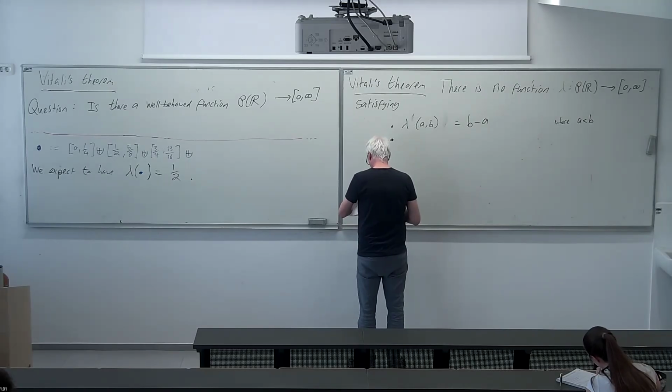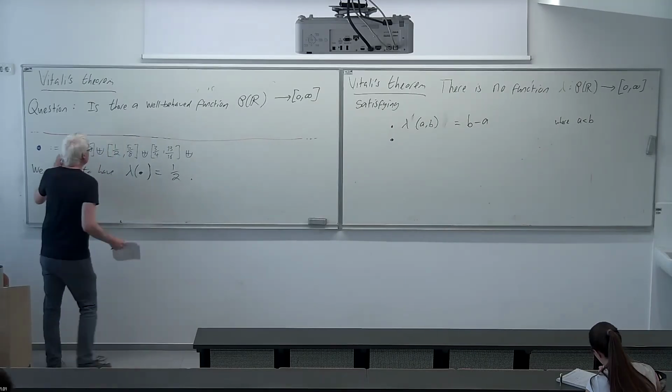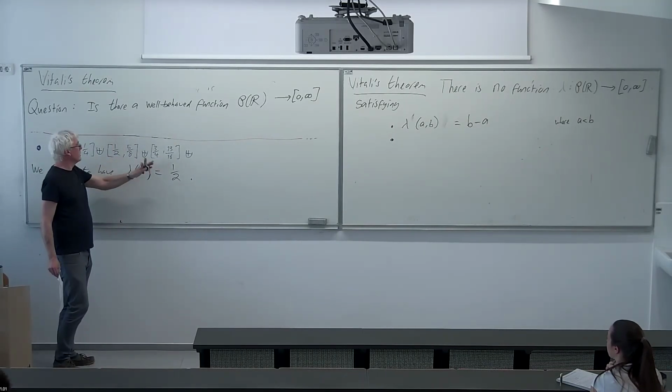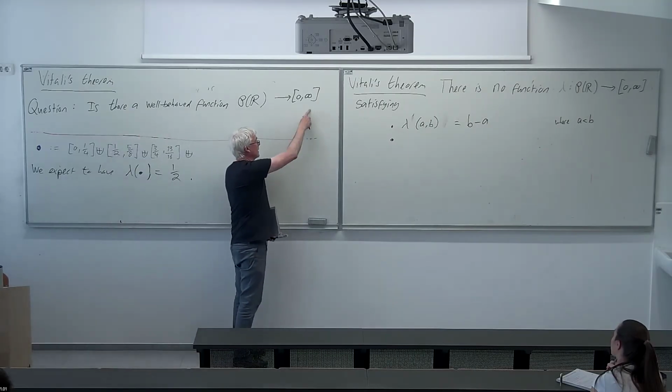And now, nobody objected to this. The idea is whenever we have a countable collection of disjoint sets, then we should be able to sum their lengths. Notice that there's a canonical notion of countable sum on [0, infinity].